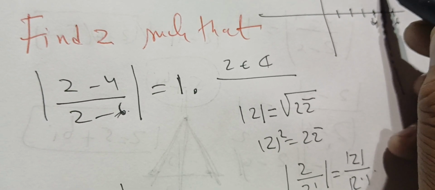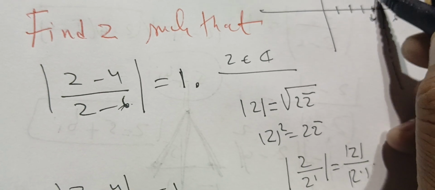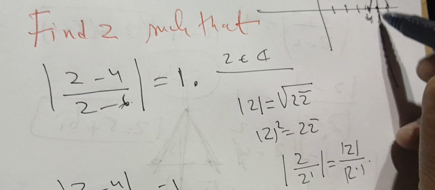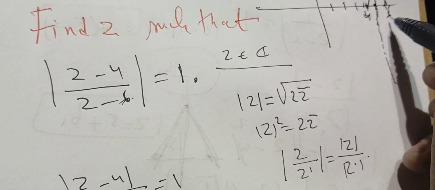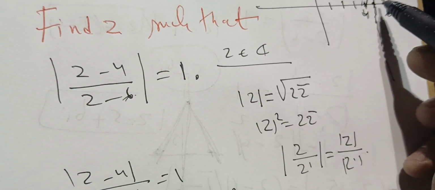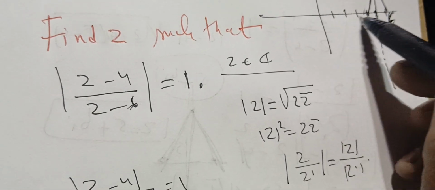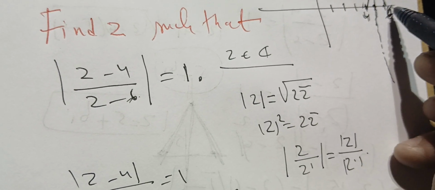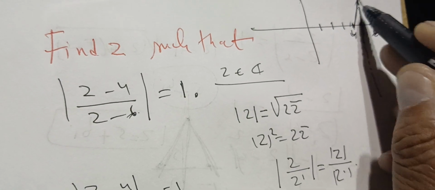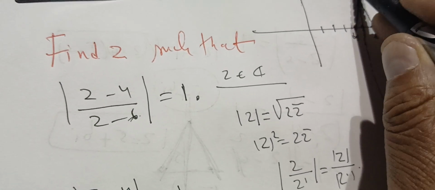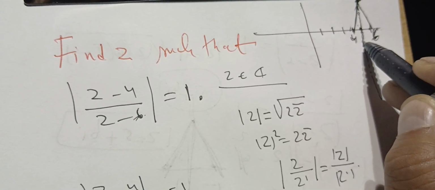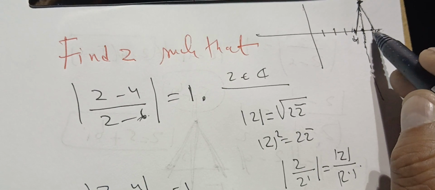Let's say z minus 4 is this length here, and z minus 6 is this length here. So we see that in this case the solution is just this line, perpendicular to the line going through 4 and 6. It's the perpendicular bisector. It's this line going through the middle of 4 and 6, which is 5, and perpendicular to them.